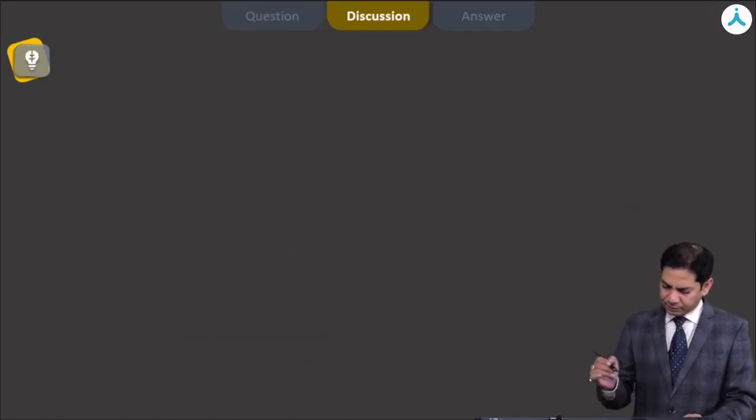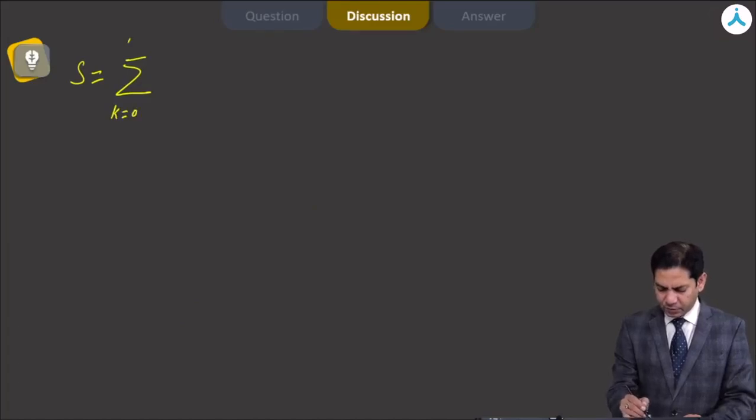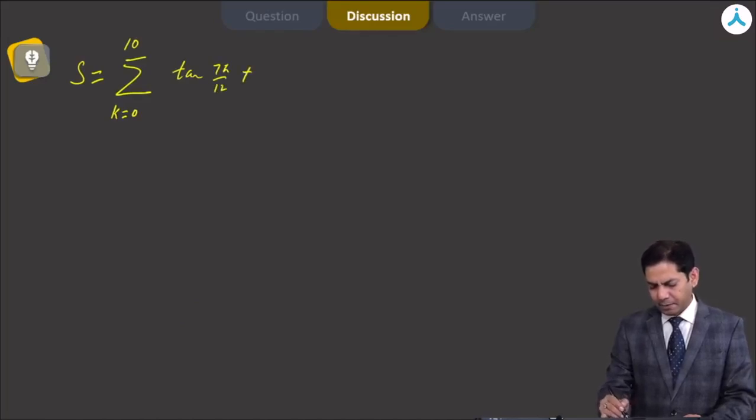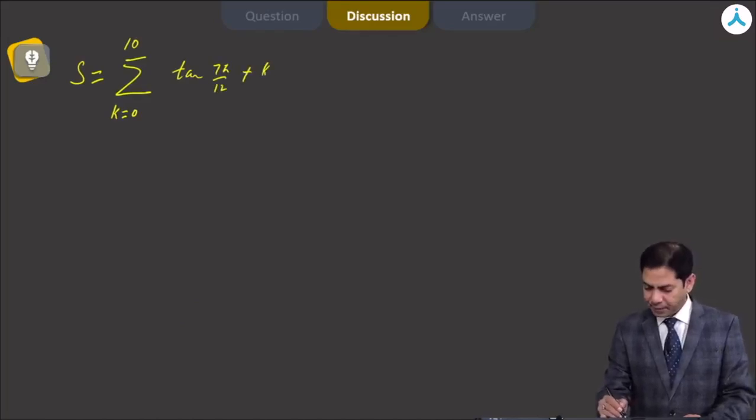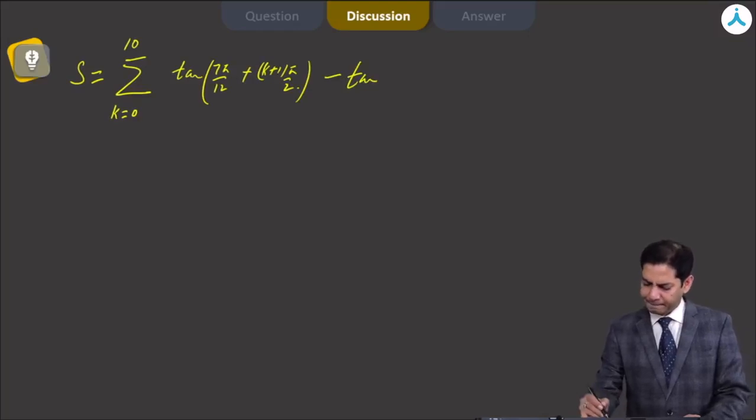So this summation S is now the summation from k equal to 0 to 10 of tan(7 pi by 12 plus (k plus 1) pi by 2) minus tan(7 pi by 12 plus k pi by 2).